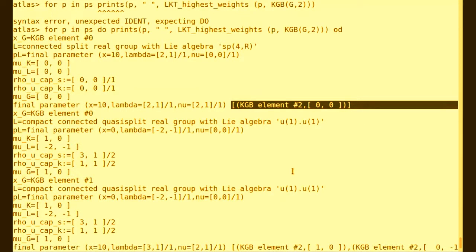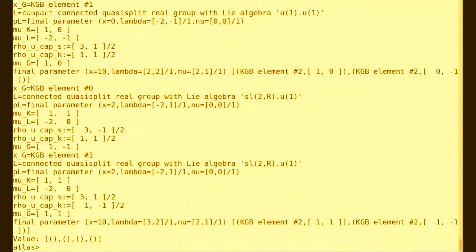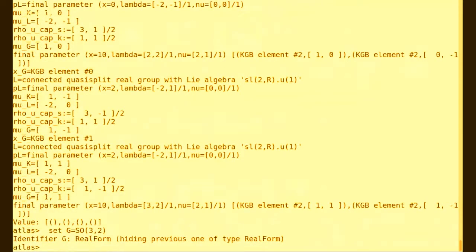Okay, so let's look at a different example. Let's set G is SO(3,2). Set P is all. No, I don't think that works.